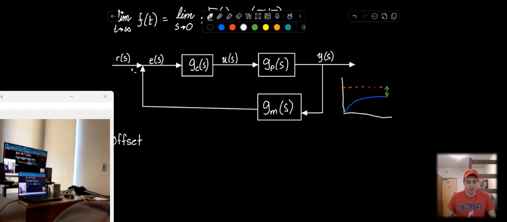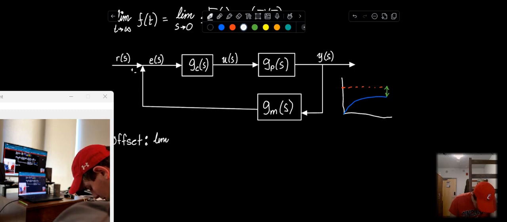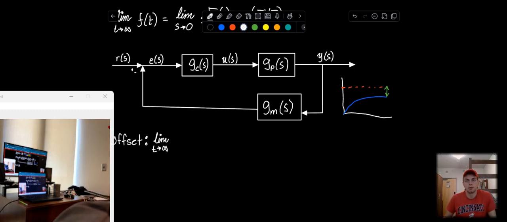So how can we define that mathematically in these terms? Well, offset is going to be the limit of what? We want it to be the limit as t approaches infinity, because again, we want to be at equilibrium conditions, so infinite time is addressed there.